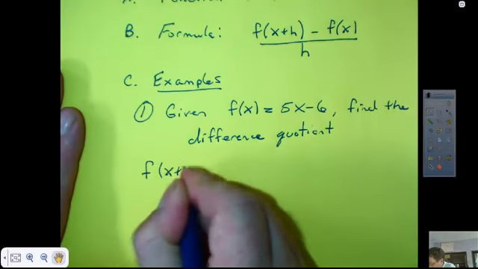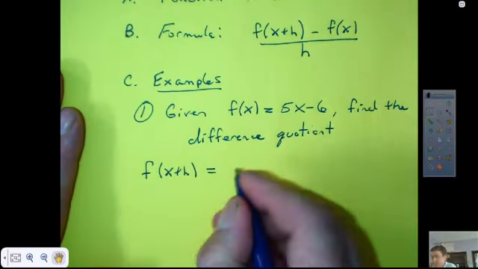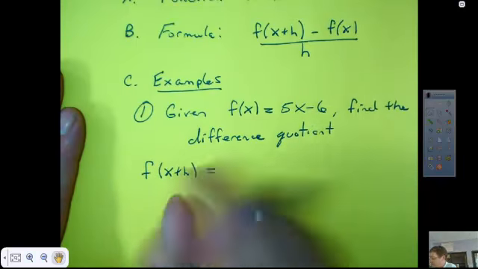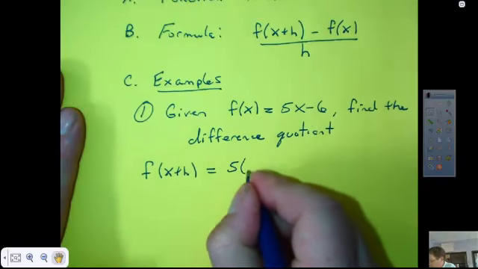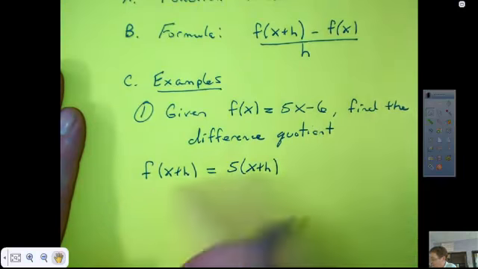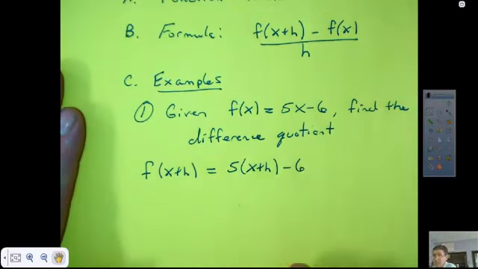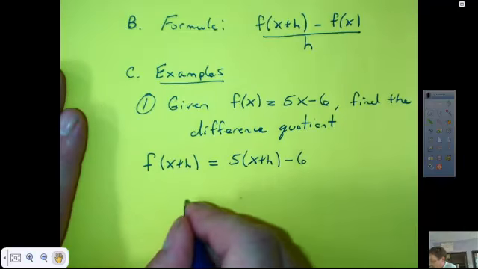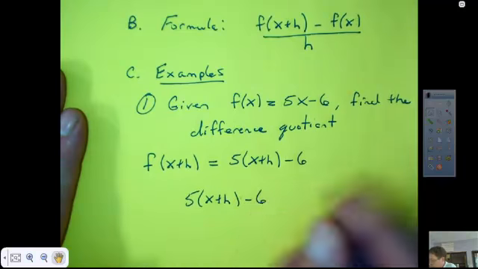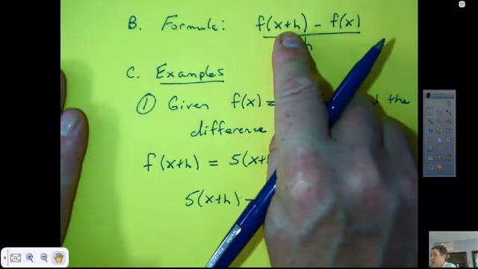F of x plus h equals, you don't have to do this extra step, but I'm going to do it to make sure you see it, 5 times x plus h, replacing the x with what's between the parentheses, minus 6. So I'm going to rewrite this: 5 times x plus h, minus 6. That's this.